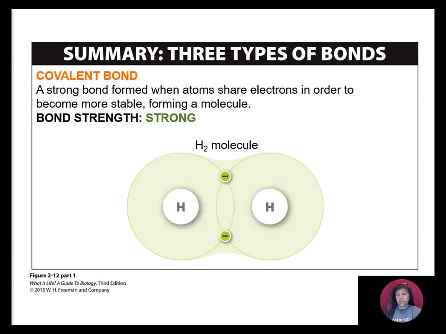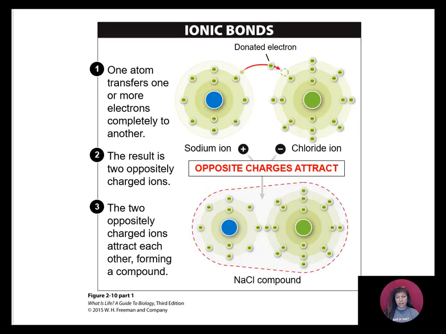And I just want to remind you that the covalent bond is a strong bond. So the thing that I need you to remember are the types of bonds. We're going to talk about 3 types of bonds, and the bond strength. So a covalent bond is a strong bond. When we talk about ionic bonds, remember, this is sort of the opposite attract principle that's happening here.